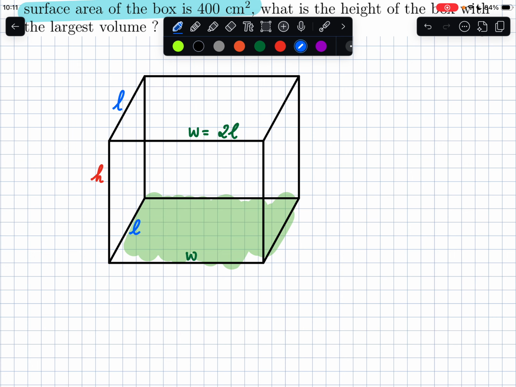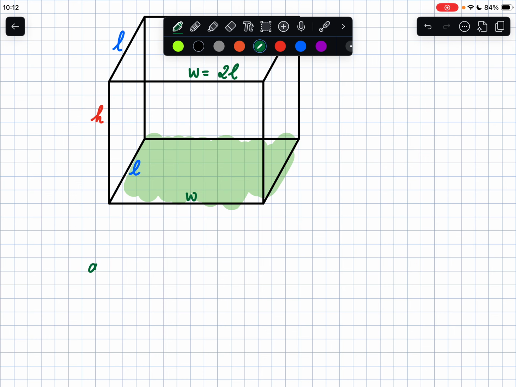The area of the bottom, let me call it B. Length times width. Width is twice length, so length times twice length, 2L squared.